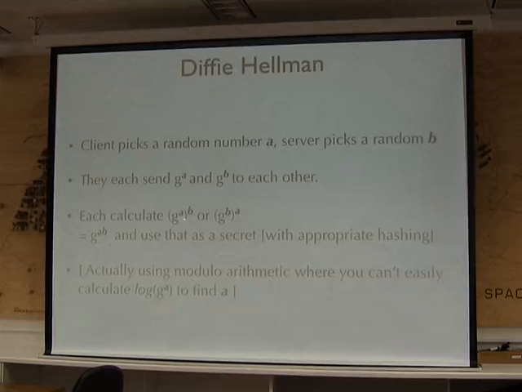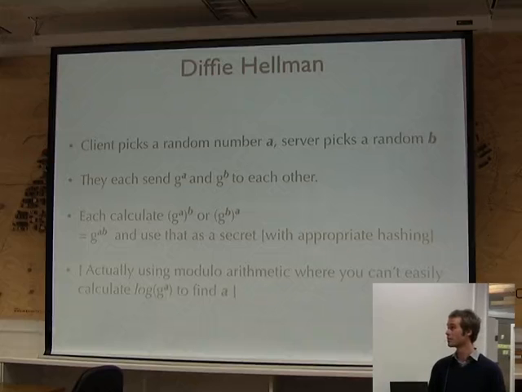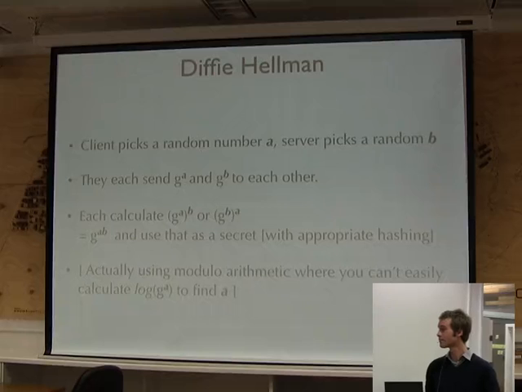Then they raise that to their secret power, and they both end up with this number here. And no one else can figure that out unless you can do a logarithm. But you do it using modular arithmetic, and you can't do a logarithm quickly, so that's how they generate a shared secret.